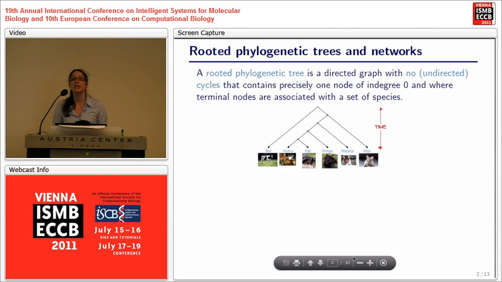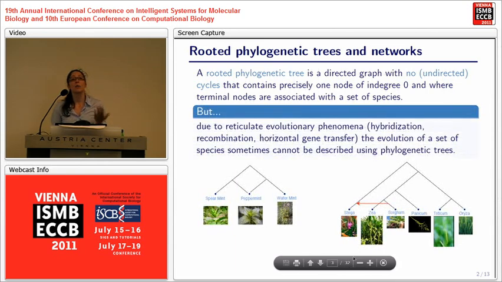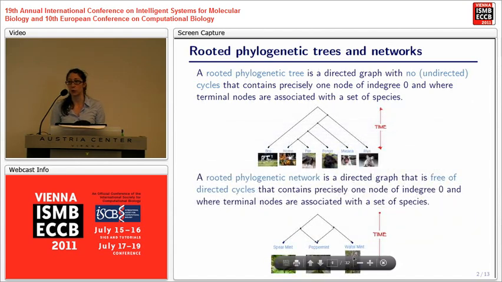But this kind of representation is not suitable for what we normally call reticulate events, such as horizontal gene transfer, recombination, and hybridization. To represent this kind of event, we normally use a structure called a reticulogenetic network that, like reticulogenetic trees, can have some cycles, even if only indirect cycles.